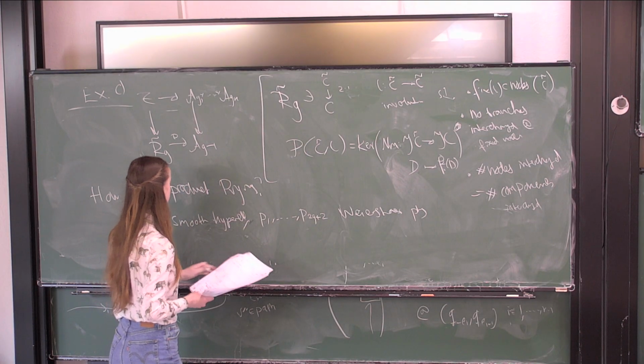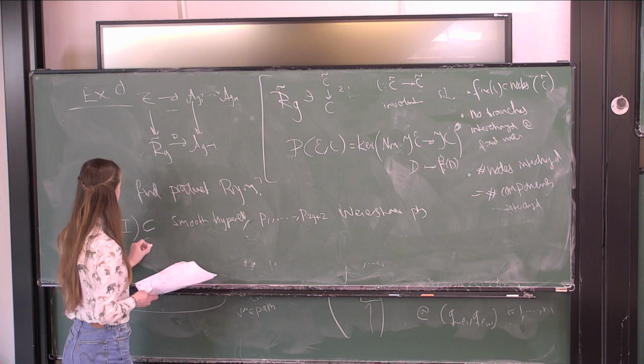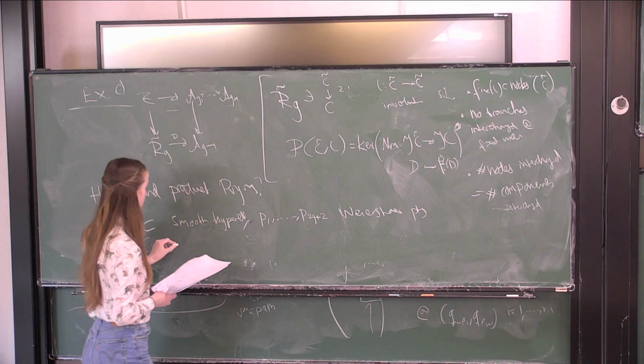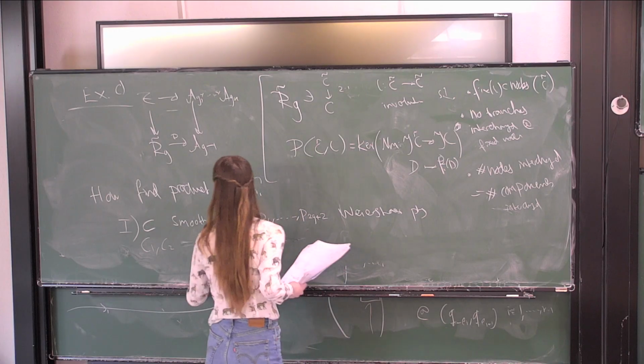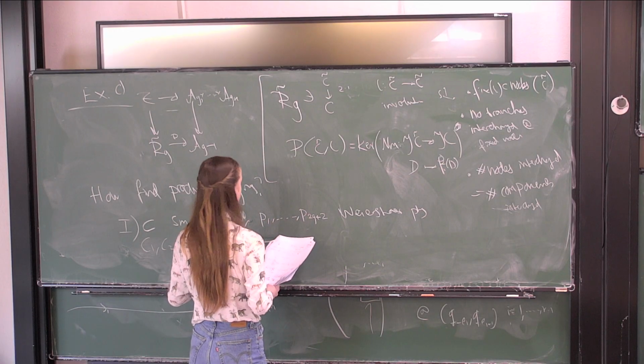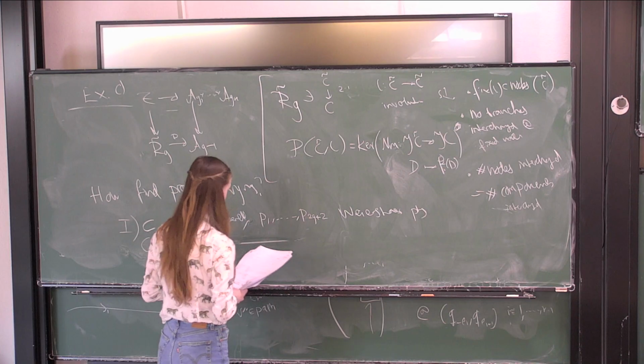And you create two new hyperelliptic curves, C1 and C2, that are ramified along their respective subsets.